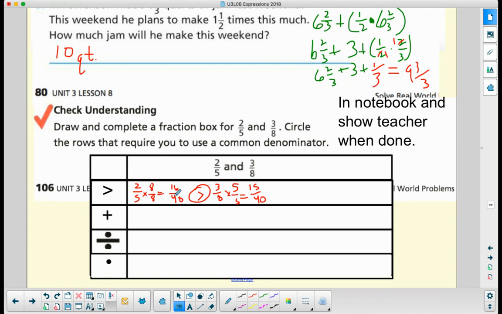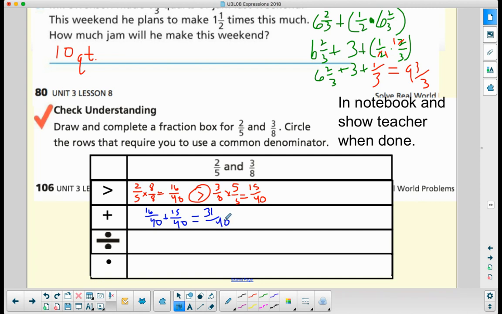Now adding, I'm going to use these common denominators. 16 40ths plus 15 40ths, and I add numerators, 16 and 15. Well, 15 and 15 are 30, plus 1 is 31 40ths.